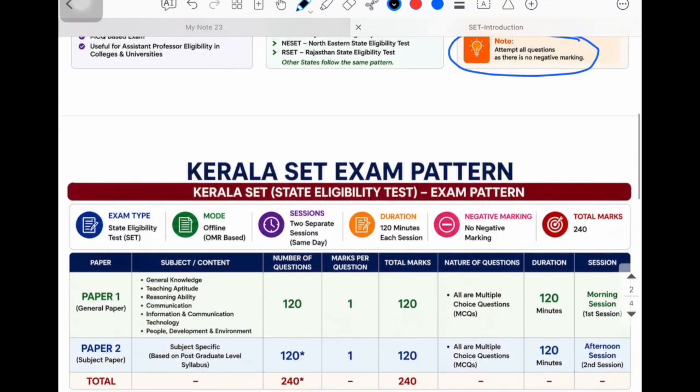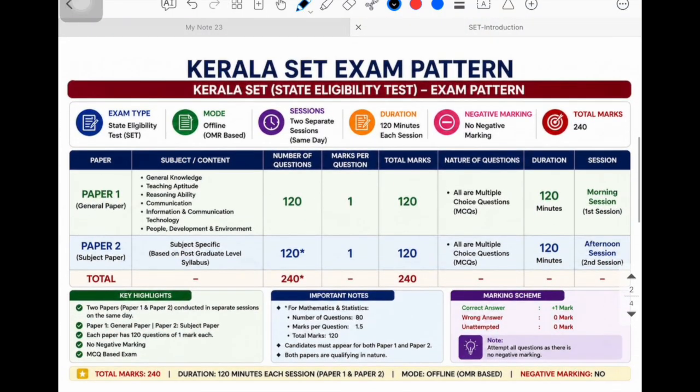And what is the Kerala SET exam pattern? The Kerala SET has two papers with the same, identical syllabus. But in Kerala, they conduct paper 1 and paper 2 as separate sessions, each of 120 minutes, a 2-hour examination. In other states it is a 3-hour examination for paper 1 and paper 2 together in the same session, in a single paper.